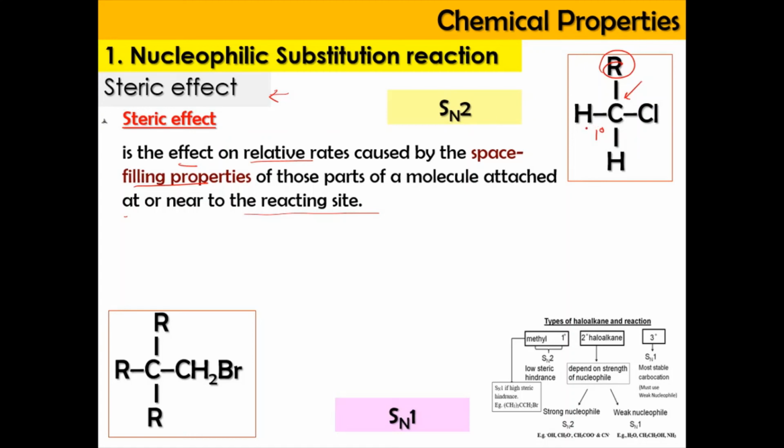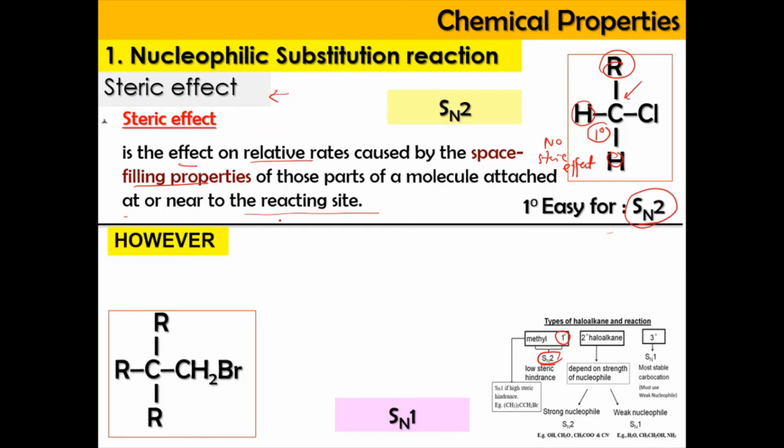The steric effect here means the space-filling properties, whether the carbon is attached to a small atom or not. And as you know, hydrogen is a small atom, so there will be no steric effect. So a primary haloalkane will be easier to undergo the SN2 mechanism.